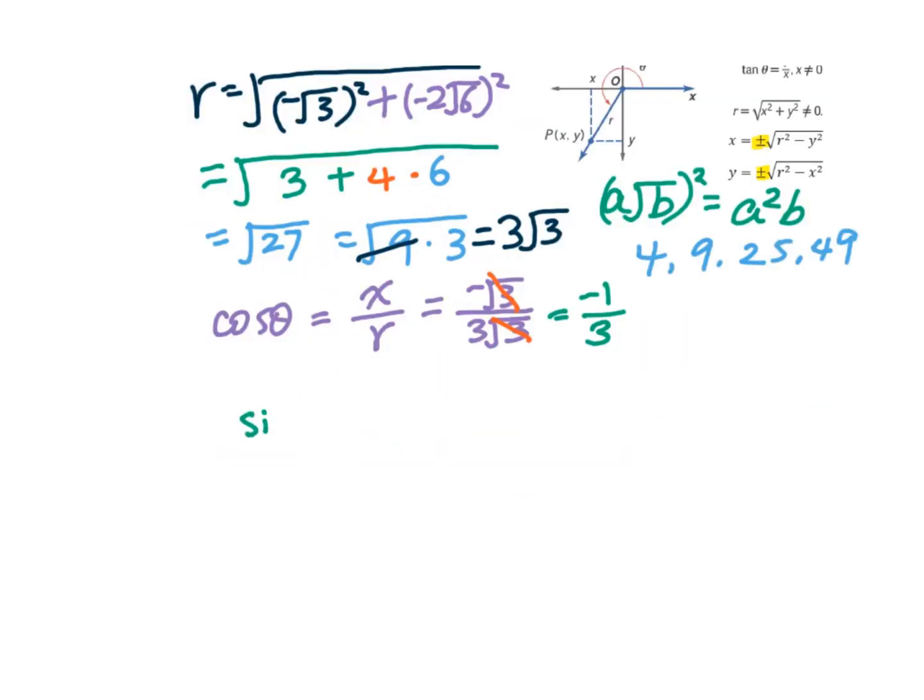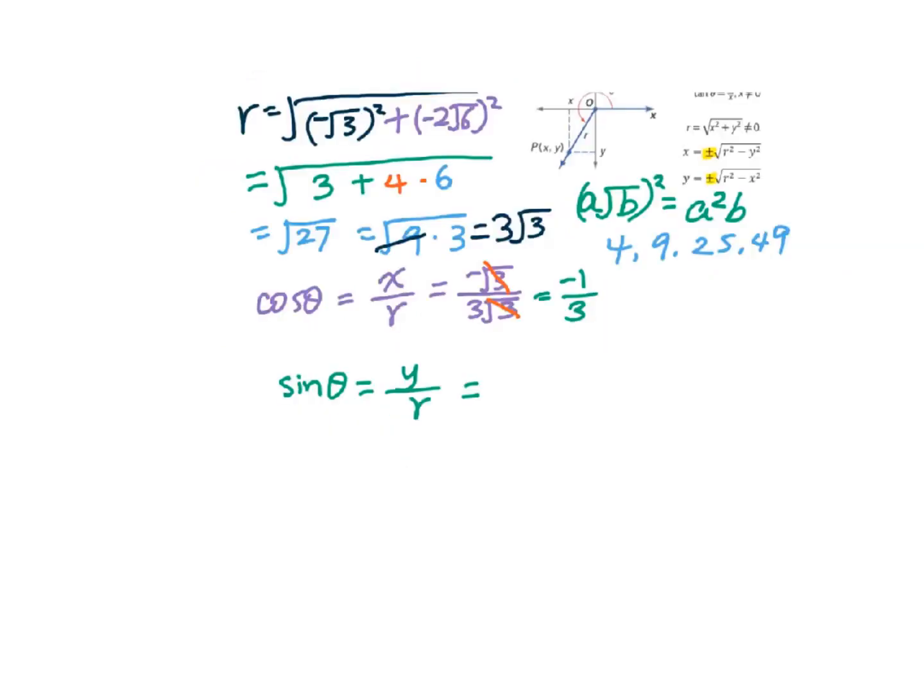For sine theta, you will get y over r, equals negative 2 square root of 6 over 3 square root of 3. Then check inside this square root. We can reduce. This is 1, here's 2. So we got negative 2 square root of 2 over 3.